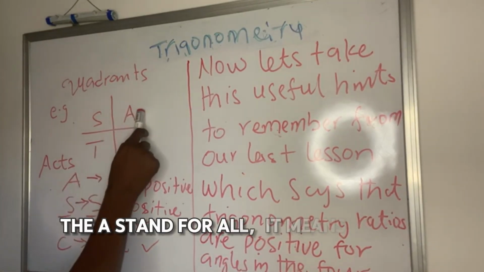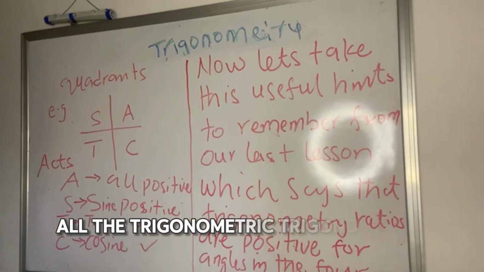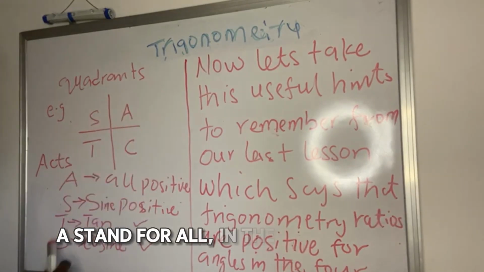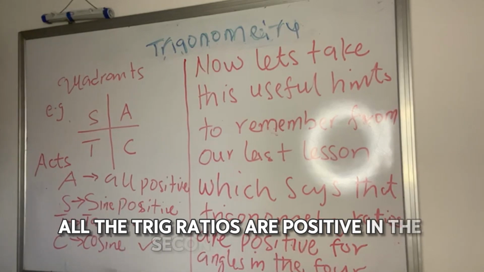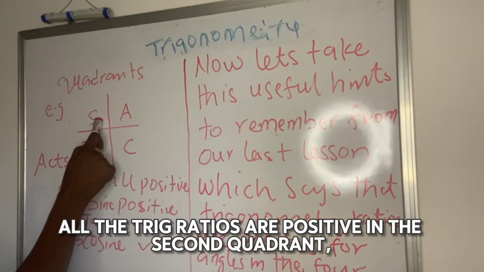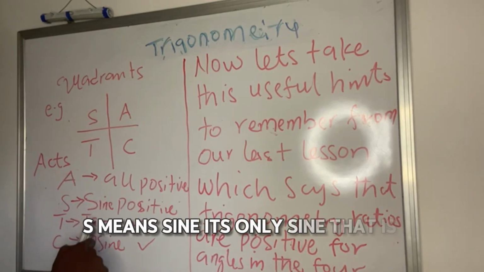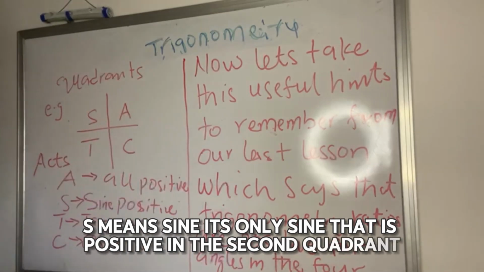The A stands for all. It means that in the first quadrant, all the trigonometric ratios are positive. In the second quadrant, which is S, S means sine. It's only sine that is positive in the second quadrant.